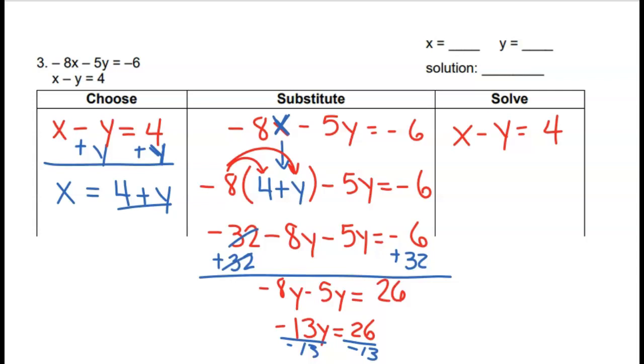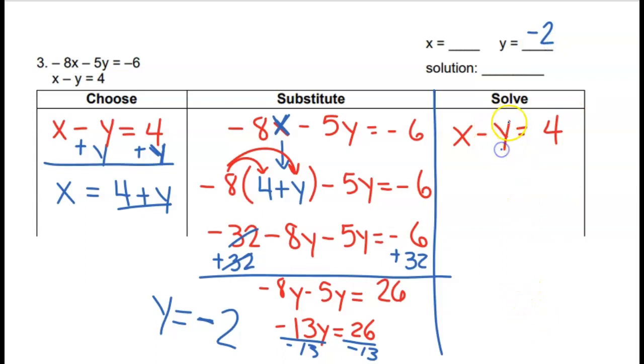So then the 13s will cancel. And so y would equal negative 26 divided by 13, which is negative 2. So y is going to be equal to negative 2.